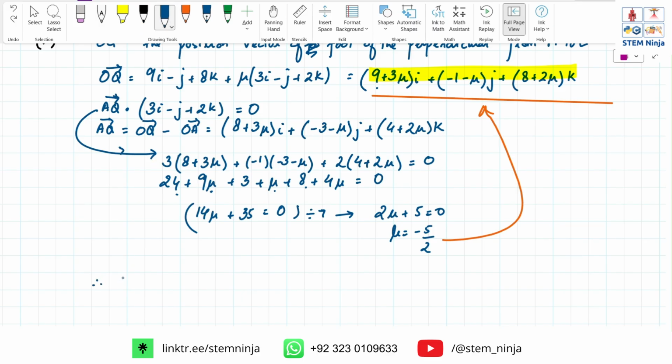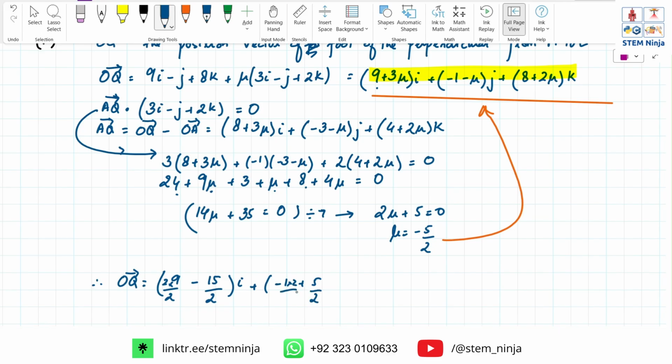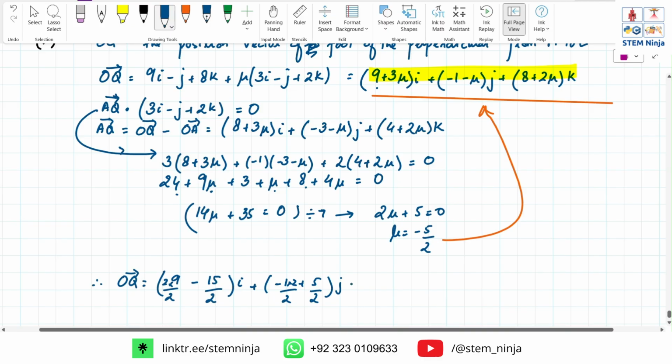So therefore, OQ would be 9 plus 3 times minus 5 over 2, so minus 15 over 2. I'm just going to write 9 as 18 over 2. Then we have minus 1 minus mu, so this would become plus 5 over 2, written as 2 over 2, j.